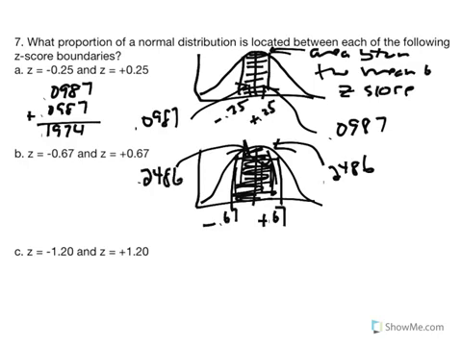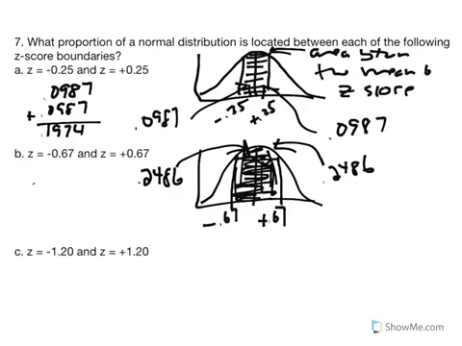And just a bit of a warning, many students want to report the proportions as negative simply because they're below the mean. But again, the z-score simply tells us the location of the score that pertains to this particular z-score. So it's just telling us where that value is located in relation to the mean. So don't make the mistake of reporting your proportions as negative values.